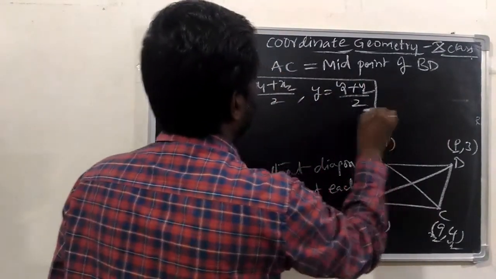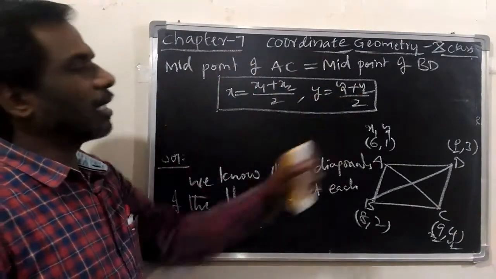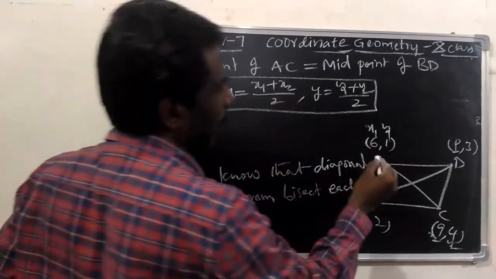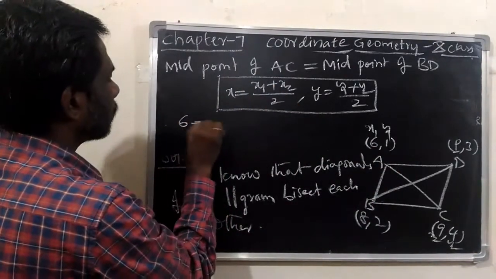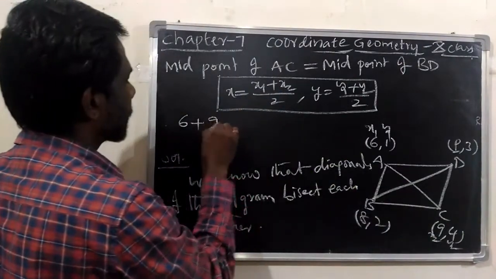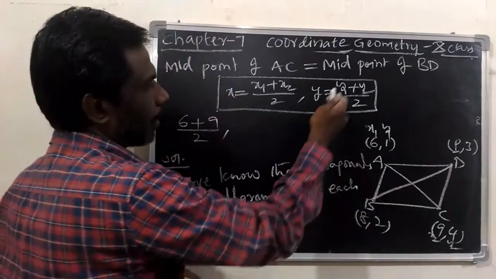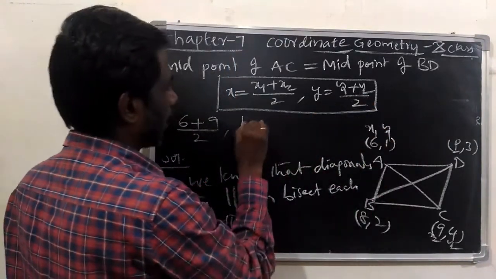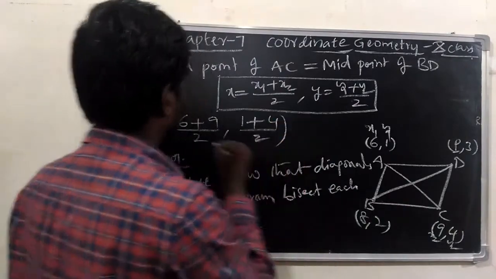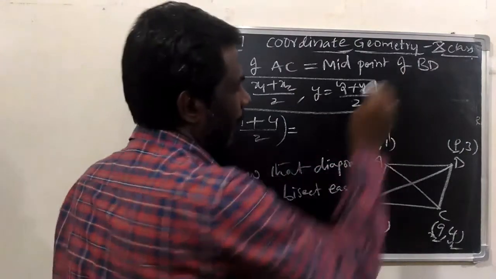It can be used for both AC and BD. In AC, x1 is 6, plus x2 is 9, by 2, and for the y coordinate, y1 is 1 plus y2 is 4, by 2, equals the midpoint of BD.